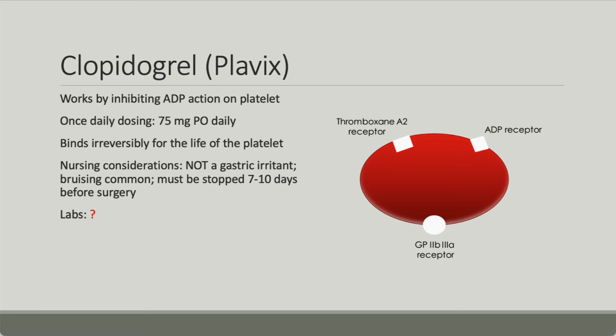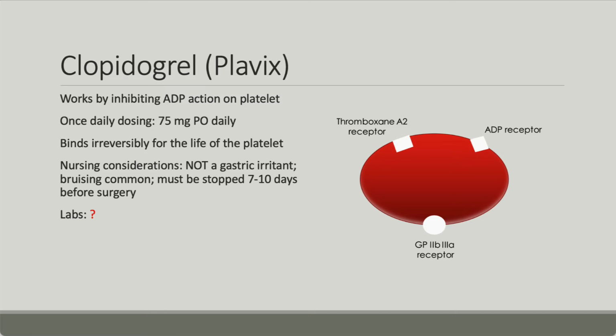Okay? Clopidogrel, or Plavix, works on a different receptor. It works over here on the ADP receptor. And again, that's unimportant which receptor it is. That's for nerdy people to know about. But it also binds irreversibly to the platelet. Okay? It's a once daily dosing, 75 milligrams a day.